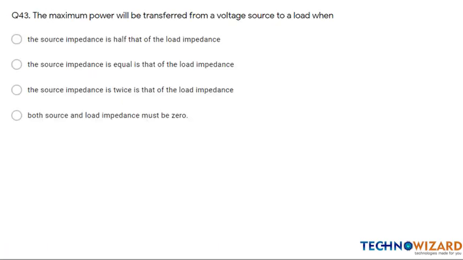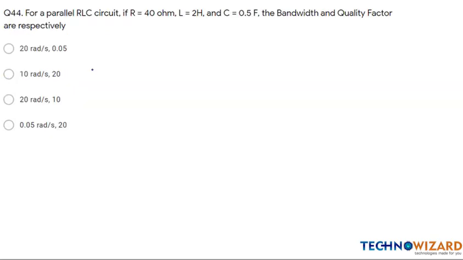Now question number 43. The maximum power will be transferred from a voltage source to a load only when the source impedance is equal to the load impedance. This is the maximum power transfer theorem. Option B. Next question. For a parallel RLC circuit, R is equal to 40 ohm, L is equal to 2 Henry and C is equal to 0.5 farad.